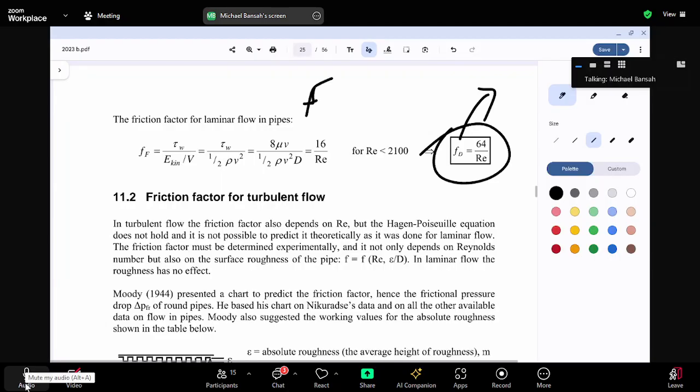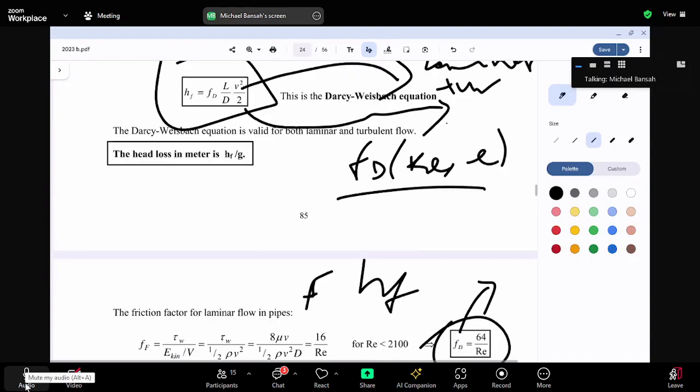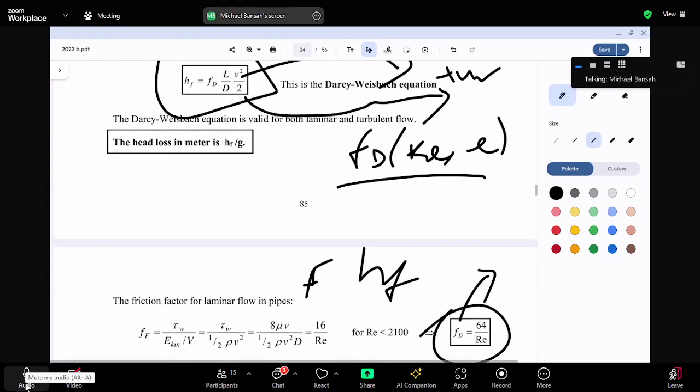FD. This is for the Fanning friction factor. The other is HF, sorry. Please know the difference. This is for FD. So back to the FD. If it is not laminar, you will have to calculate Reynolds number and the relative roughness.